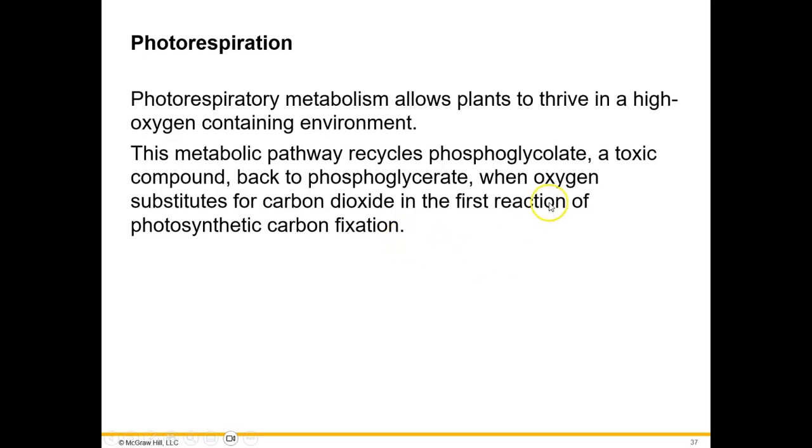Instead, this metabolic pathway, photorespiration, is going to recycle phosphoglycolate, which is a toxic compound to plants that they naturally acquire. And that's going to transform phosphoglycolate back to phosphoglycerate. When that happens, oxygen substitutes for carbon dioxide in that first reaction of our photosynthetic carbon fixation, the Calvin cycle.